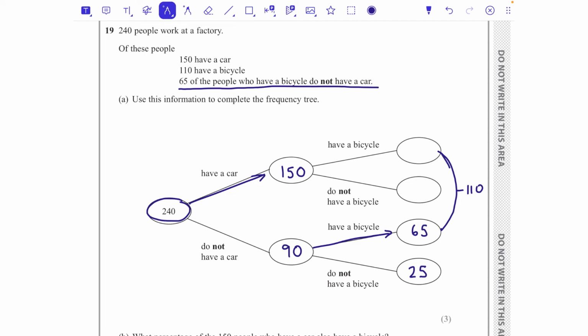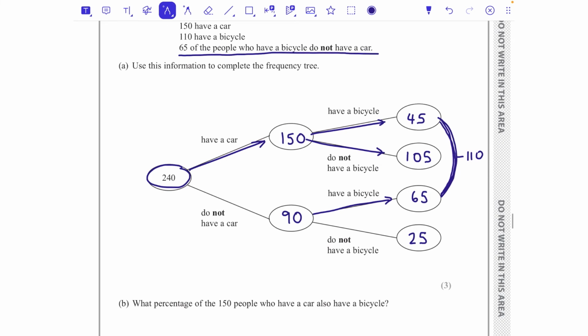We also know that these two need to add together to make 110. So 110 take away 65 gives me 45 here. And then we know that these two need to add to make 150. So this one is 105. And all together, those last four ovals should add to make 240 if we've done it all correctly.